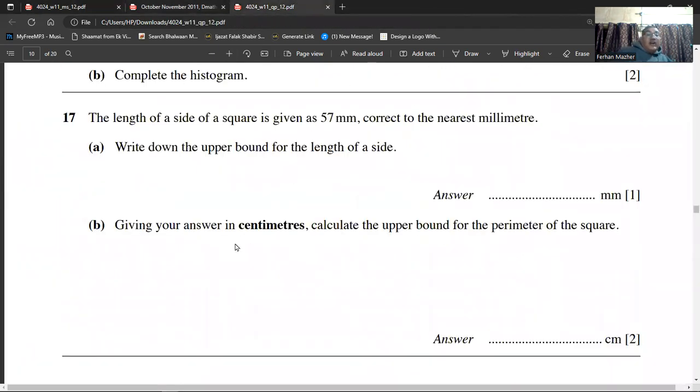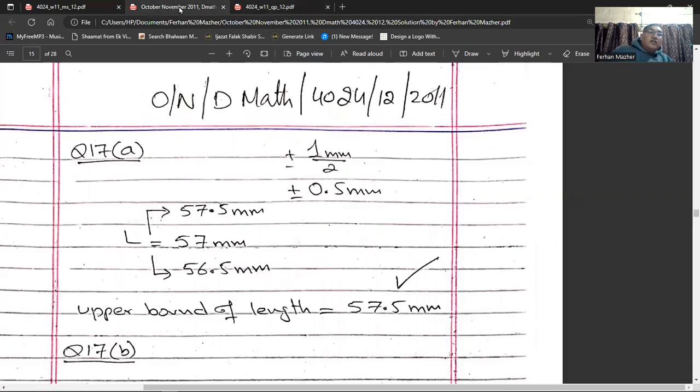Then question 17, part B. Giving your answer in centimeters, calculate the upper bound for the perimeter of the square. The perimeter of the square is 4L, and because we want the upper bound of the perimeter, the upper bound of the length is taken.